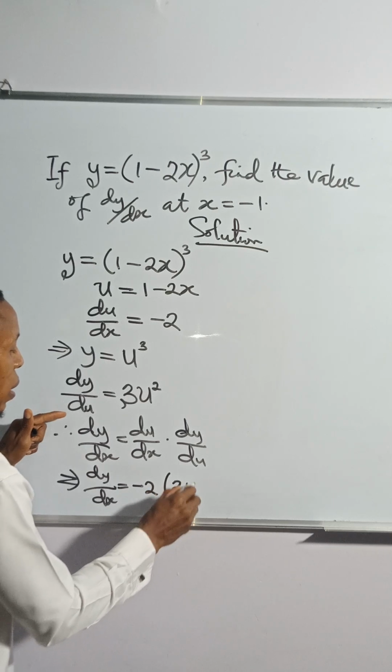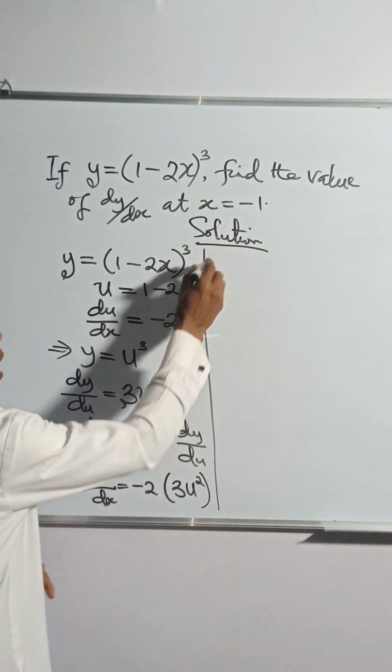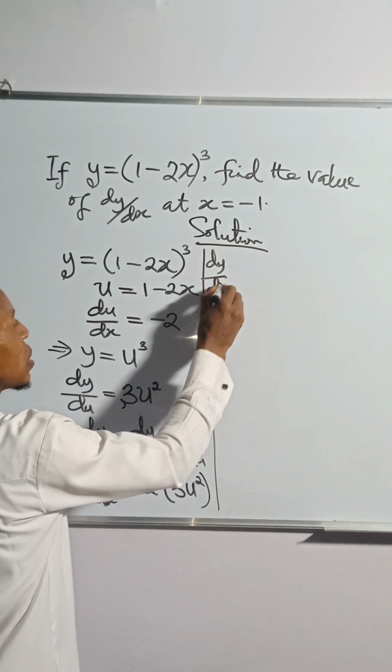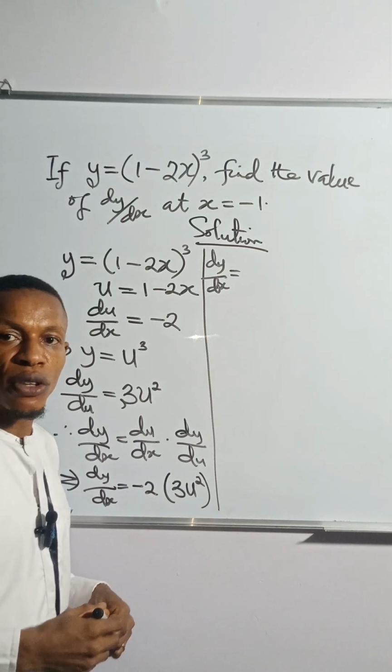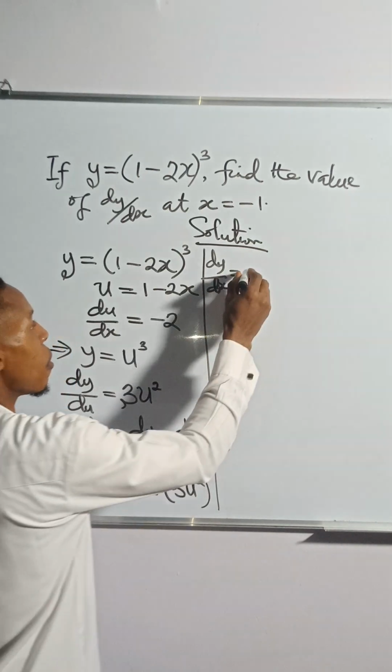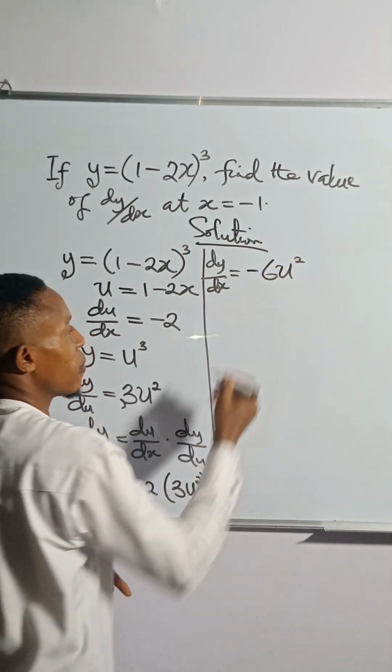If you multiply minus 2 by 3u squared, you have minus 6u squared.